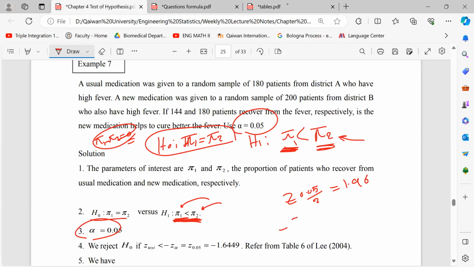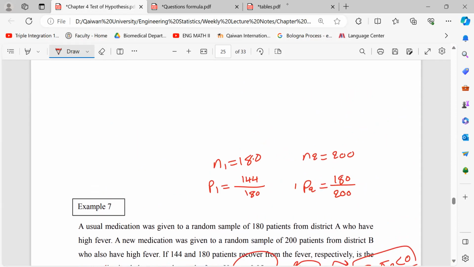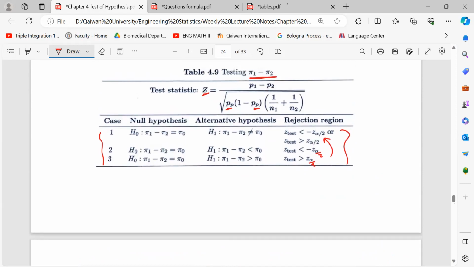How about minus Z of alpha over 2? It's minus 1.96. We say pi1 here, it means pi1 minus pi2 is less than 0. Moving this to the other side, we get pi1 minus pi2 is less than 0. So we use this case.